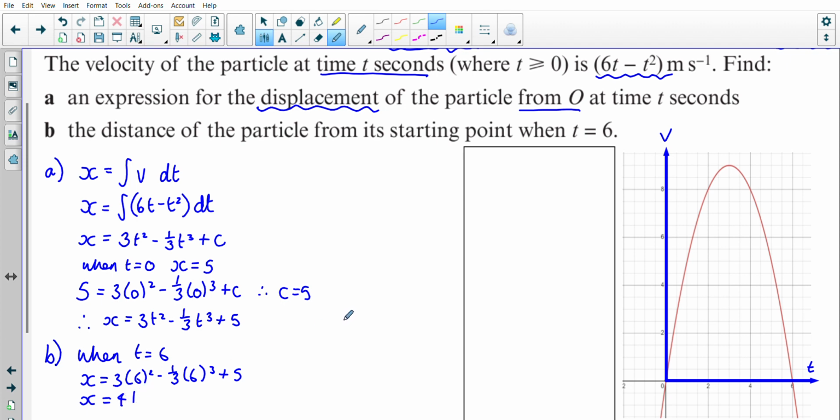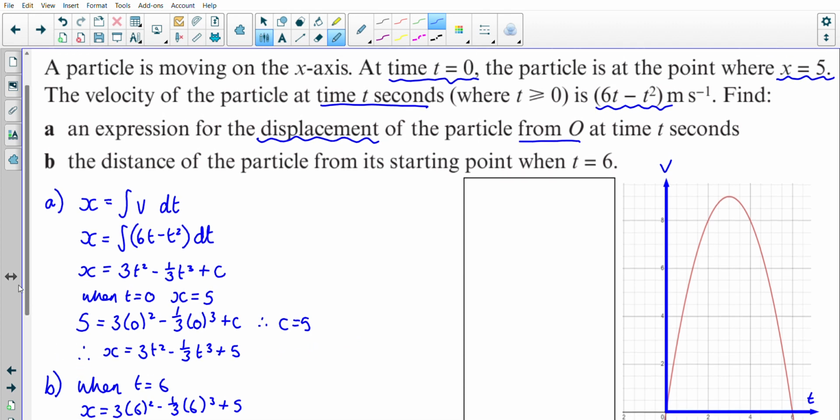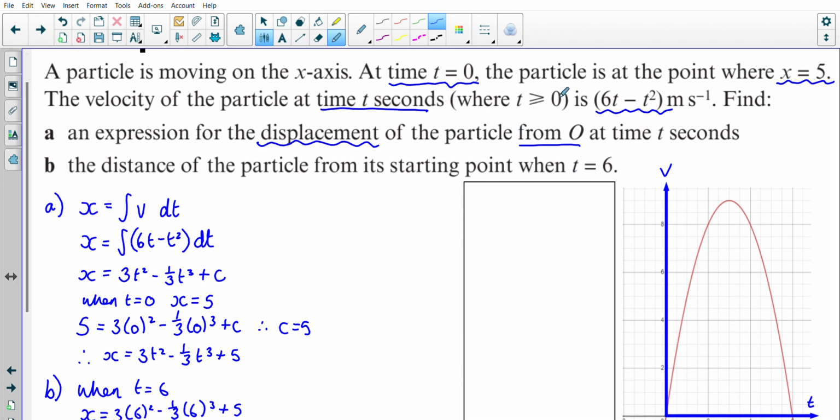Now we need to be very, very careful here. It says the distance of the particle from its starting point when t is 6. Now let's just double check its starting point. At time t equals 0, that's its starting point.